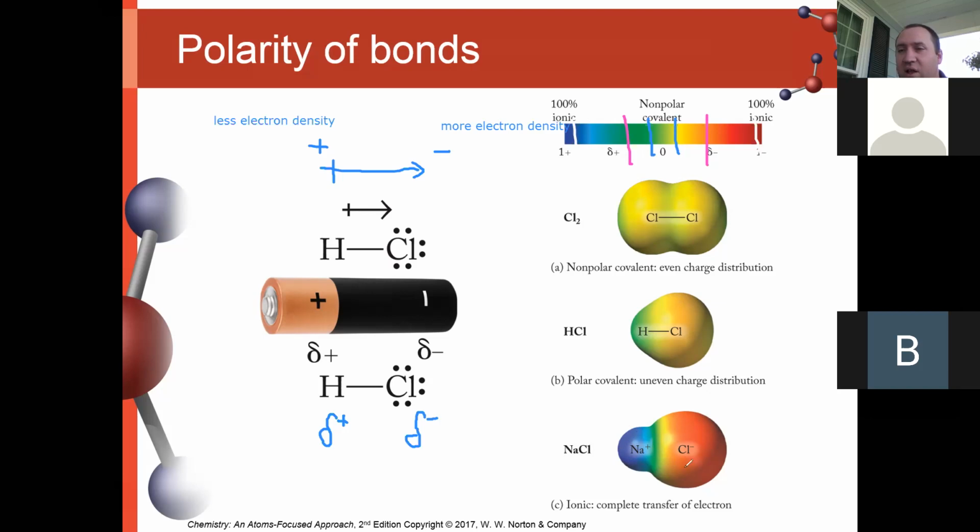The chloride has all of the attachment to that electron because it has taken it. And so we can see that these three tiers, nonpolar, polar, and ionic, have different kinds of impacts on how well or evenly or unevenly those electrons are shared.